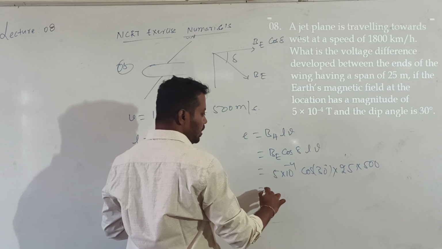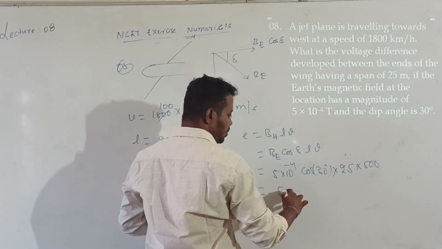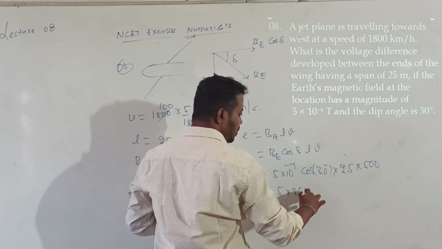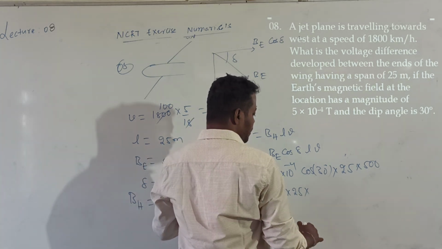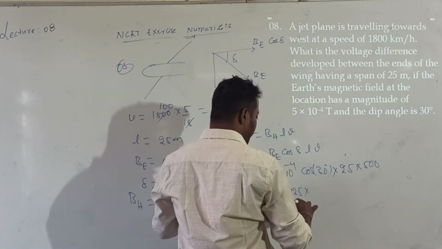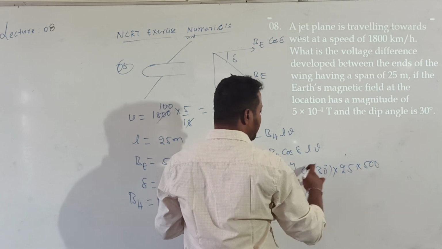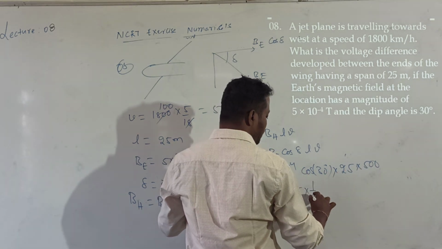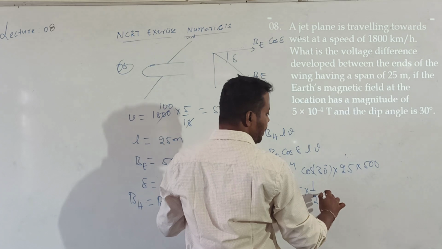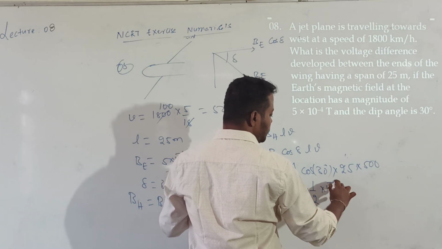So what is the answer? 25 into 5 is 125, 10 power minus 4, cos 30 is root 3 by 2, into 10 power of minus 2.